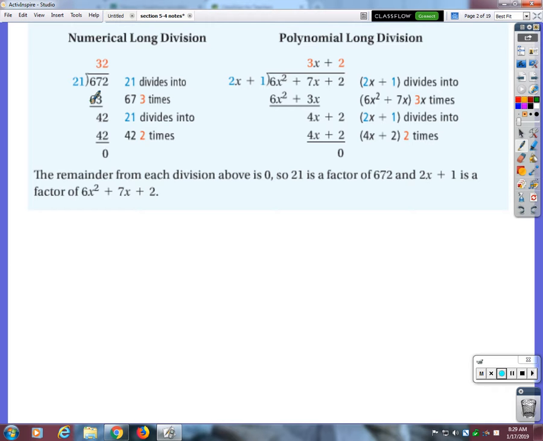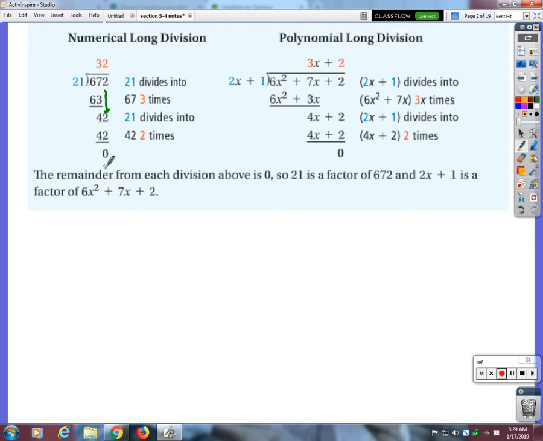And then what do you do with those two numbers? Subtract. So 67 minus 63 is 4. And then you bring down the next number, 2. And then you do the same process again. 42 divided by 21 is 2. This time 2 times 21 is 42. It goes in there evenly, so there's no remainder, and so we're done.